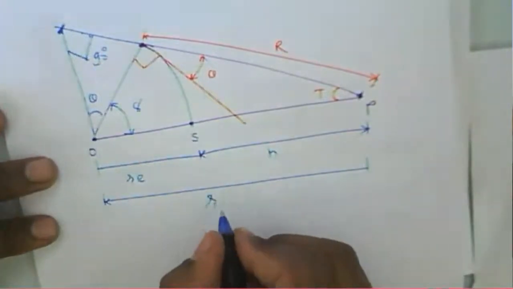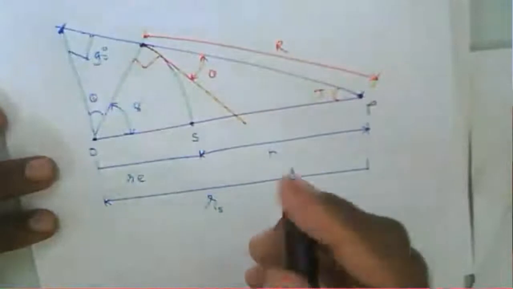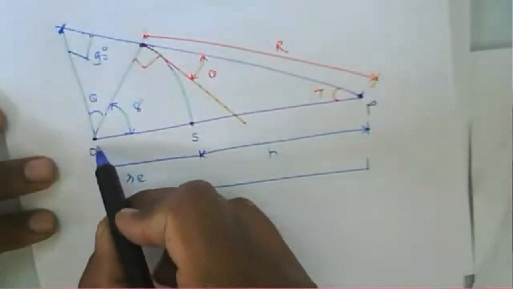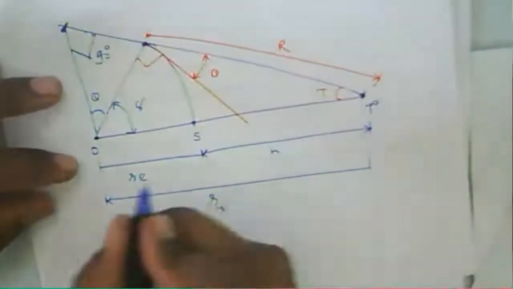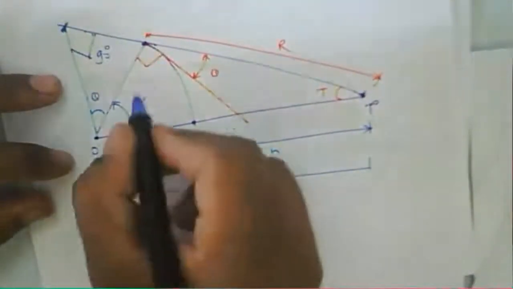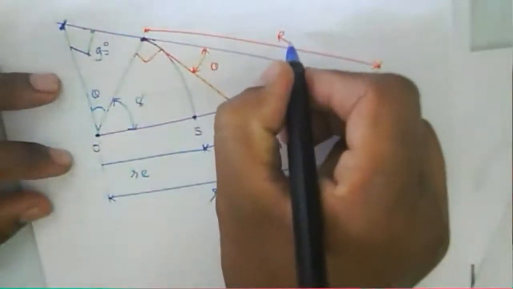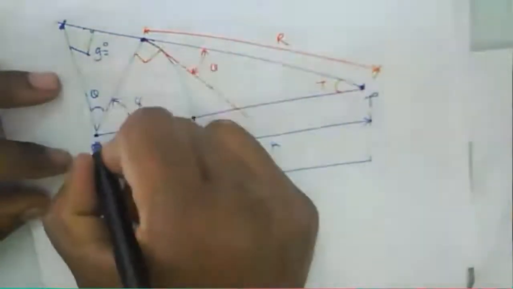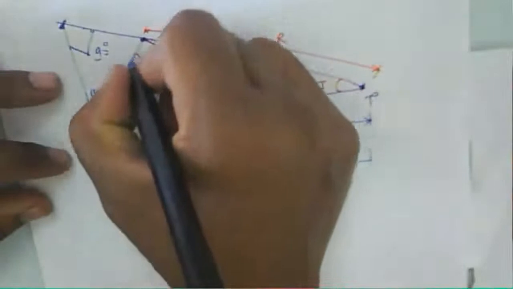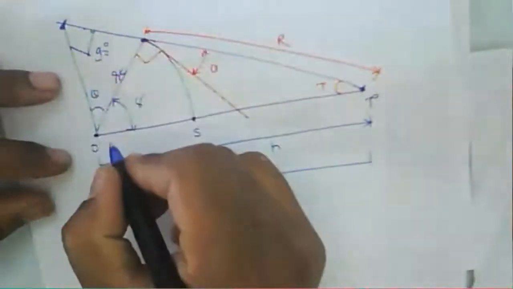Some books mention R, or some books mention RS. That is the radius of the satellite from the center of the Earth to this point. So we can find out the value of R. In that case, this one is RE, and this length is again RE here.